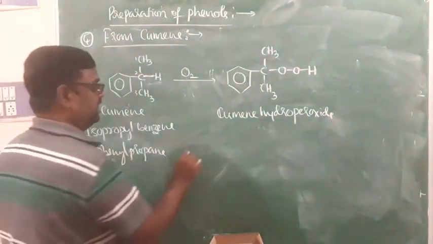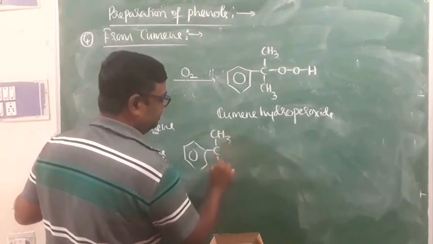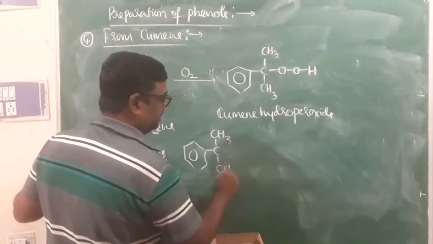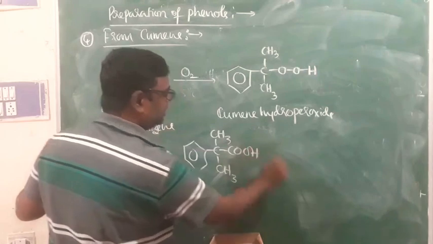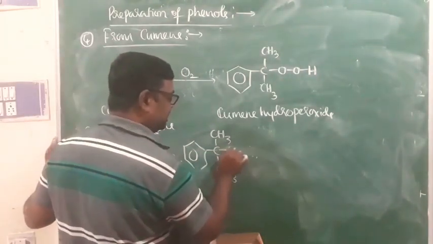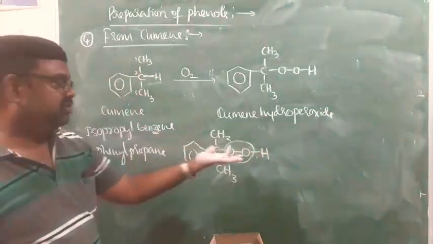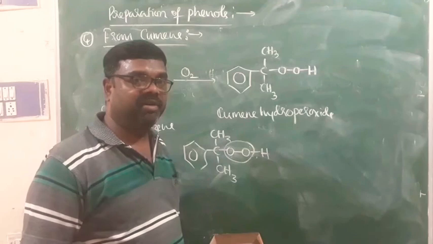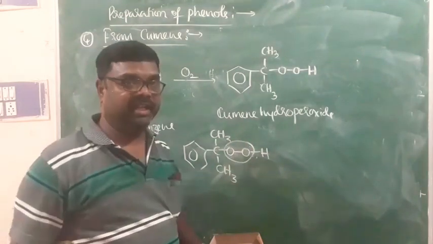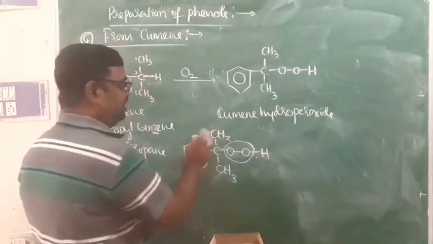Don't be under the impression that it is COOH, as many students will write like this. No, look at this. This tertiary carbon atom is oxidizing here, and it will be in the form of peroxide. When two oxygen atoms are linked through a single bond directly, that is peroxide linkage.